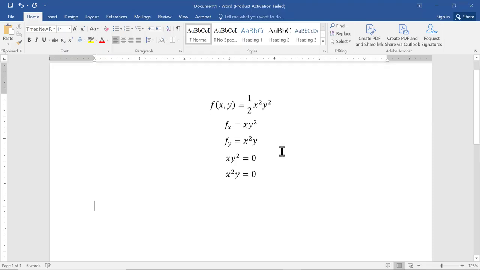And I hope you see this and say, well, actually, there's a lot of places that both of these are equal to 0. Anytime I have an x value that's 0, I'm going to get both of these being 0. Anytime I have a y value of 0, I'm going to get both of these being 0. So we're going to have infinitely many critical points.